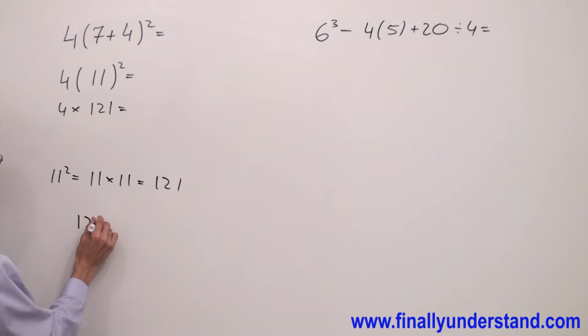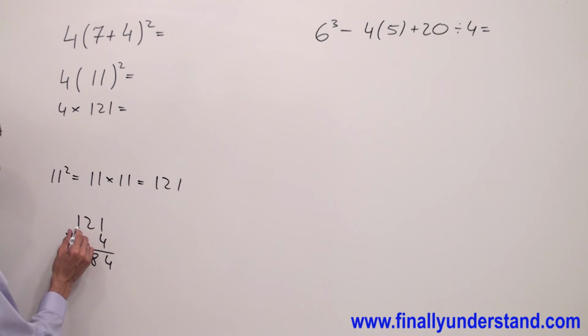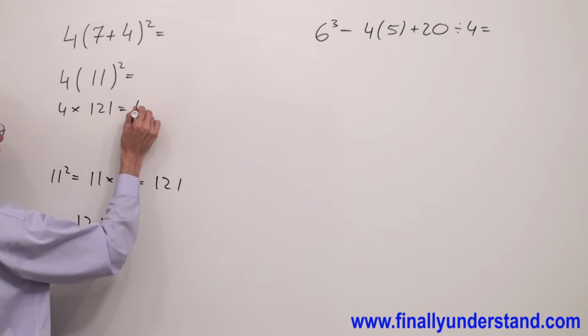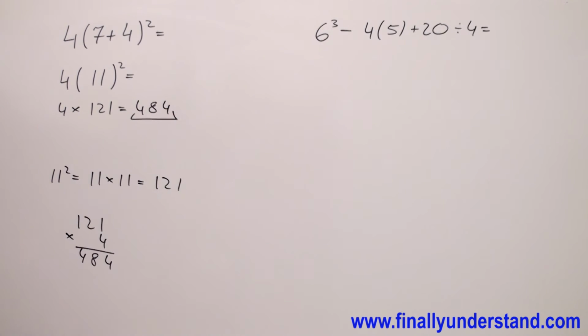We have 121 times 4. 4 times 1 is equal to 4. 4 times 2 is equal to 8. And I have 4 times 1 is equal to 4. So this is 484. And this is the solution to my first problem.